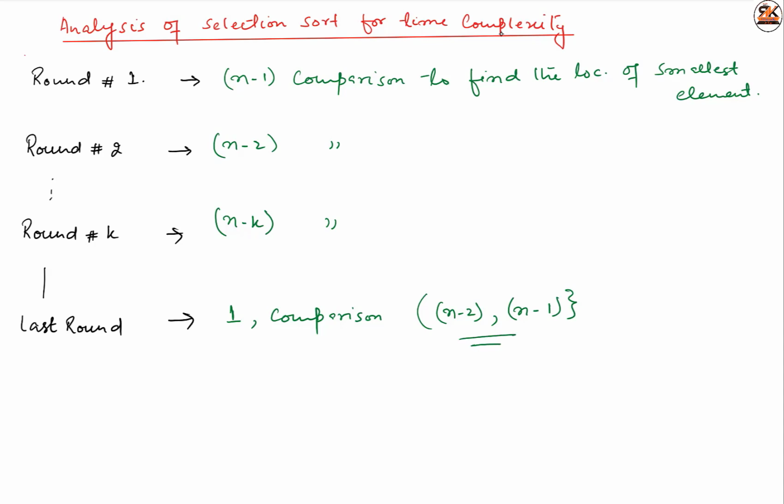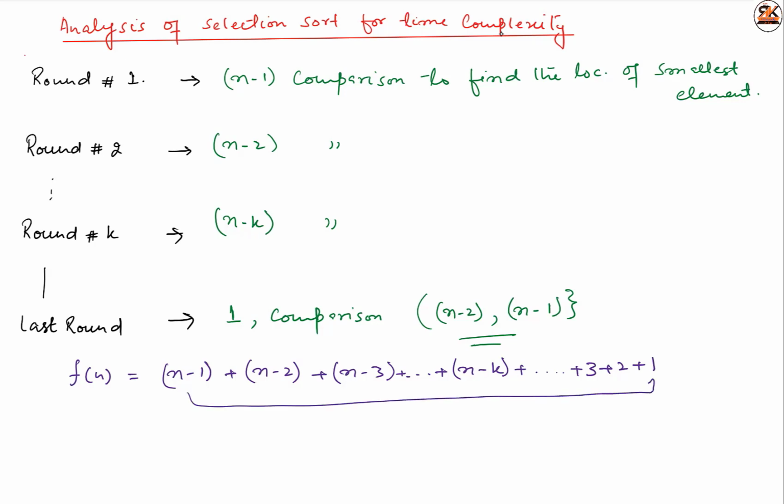Okay, so in total we can say that the selection sort function can be represented as n minus 1 comparisons plus n minus 2 comparisons plus n minus 3 comparisons, and so on up to n minus k comparisons, plus so on plus 3 comparisons, 2 comparisons and 1 comparison. So this is nothing but the addition of first n minus 1 natural numbers.